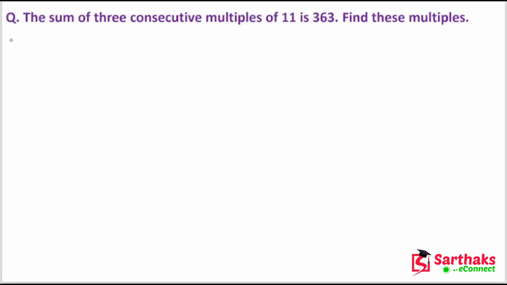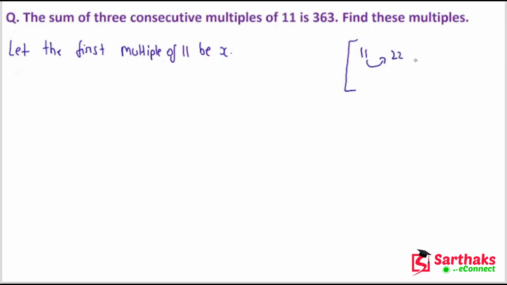Find these multiples. So what we do is, let the first multiple of 11 be x. We do not know the other multiples, so let me show the concept. If the first multiple is, suppose, 11, then the next multiple would be 22 and the next multiple would be 33.